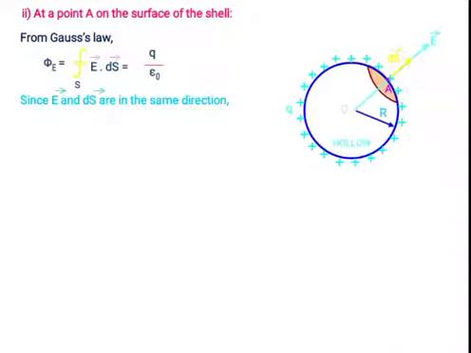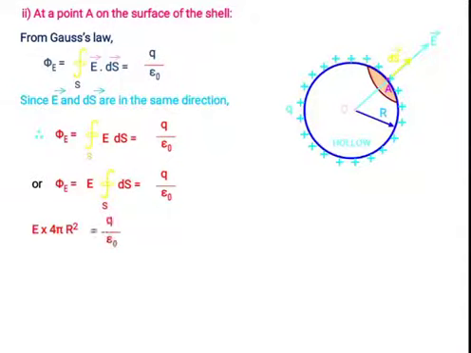I applied the integration method here, but you can go for another method also. E ds is equal to q divided by epsilon naught. That is the flux from the Gauss theorem. Now E, if I take it out, only ds remains inside the integration sign.